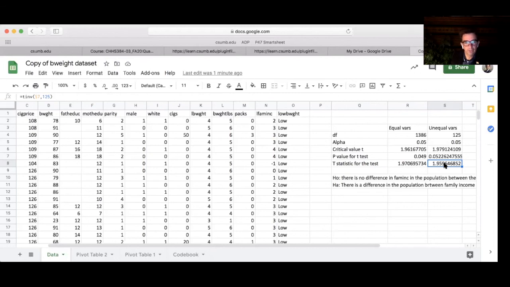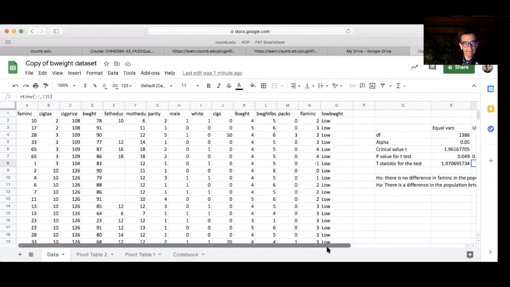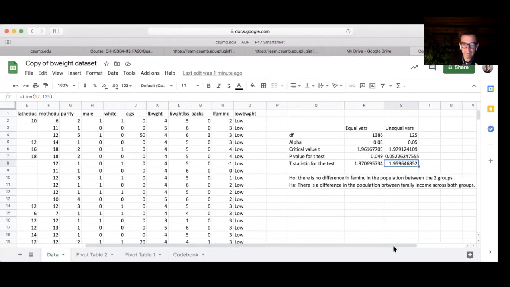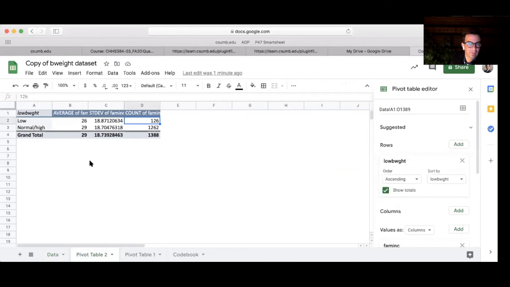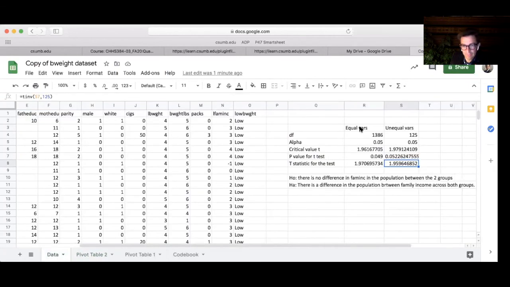right? So that is how you would conduct a t-test, right? So the first thing you would do, remember here, we calculated the average. There was a $3,000 difference in the averages. And we did the hypothesis test, assuming equal variances and assuming unequal variances. And it comes really close when we assume equal variances. We barely reject the null at the 5% level.